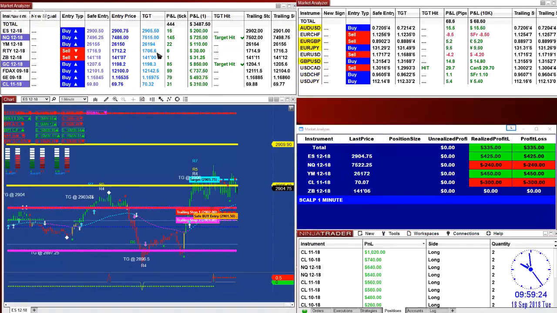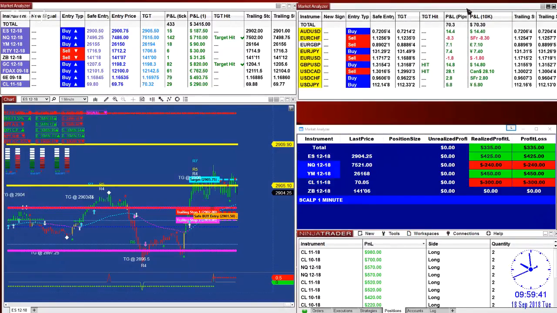We do not use Renko one day and ticks another day and another day line break, whatever. We use 1 minute every single day for many years. The same story on the market analyzer, 1 minute, and we are using the $10,000.